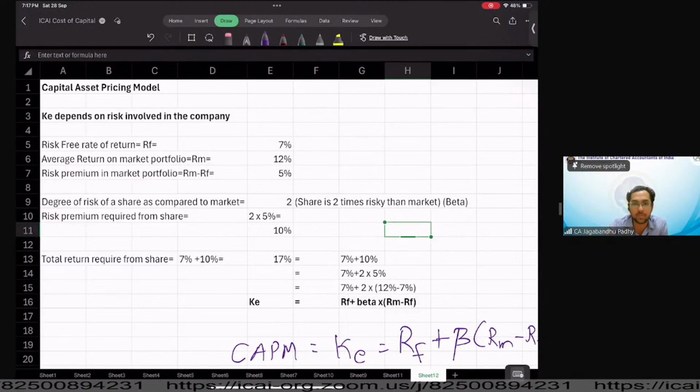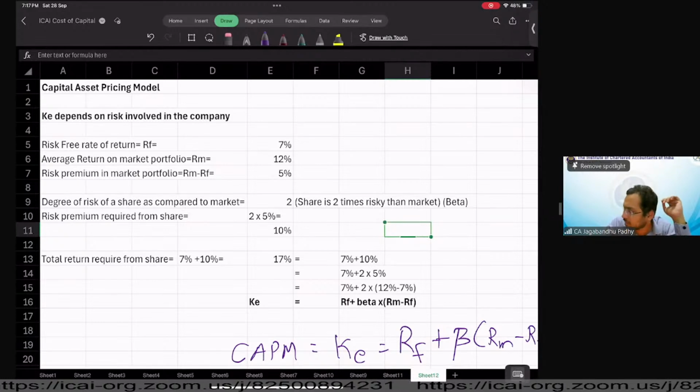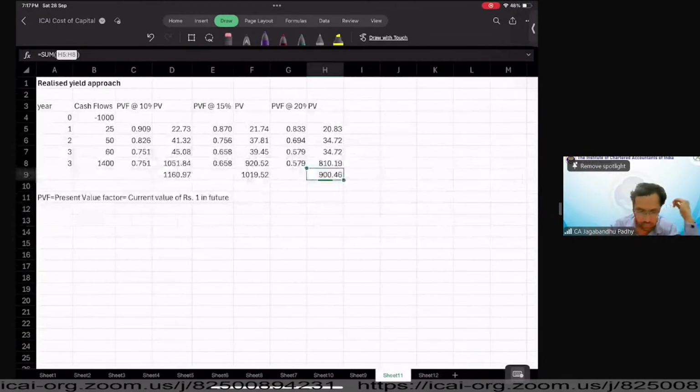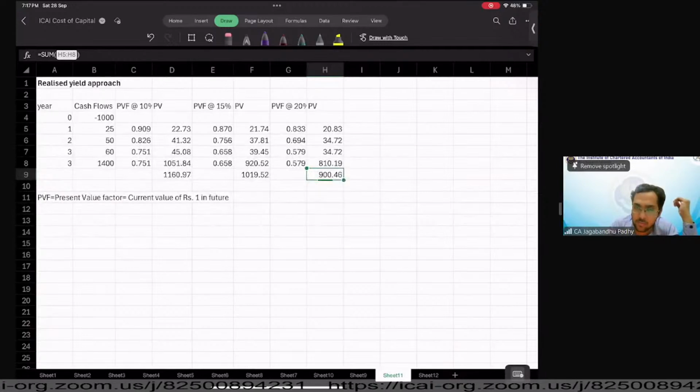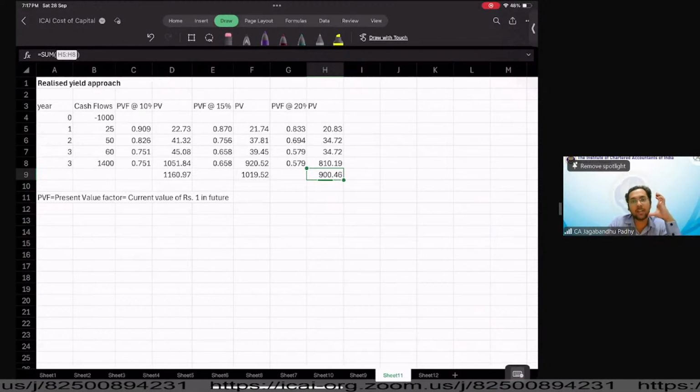Hardik. Sir, in the realized method, if dividend per share and price per share are given, then how to calculate the cash flow? This realized yield will work only if you are buying the share and then selling it after some time.